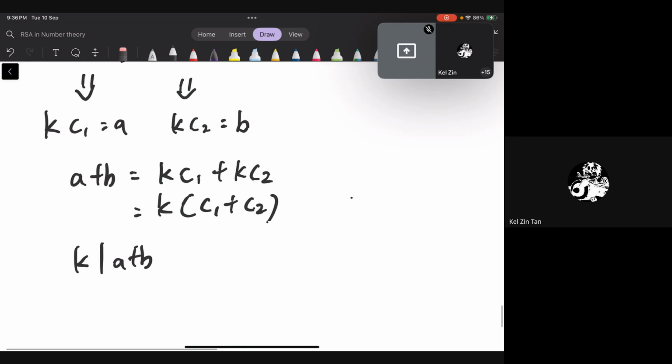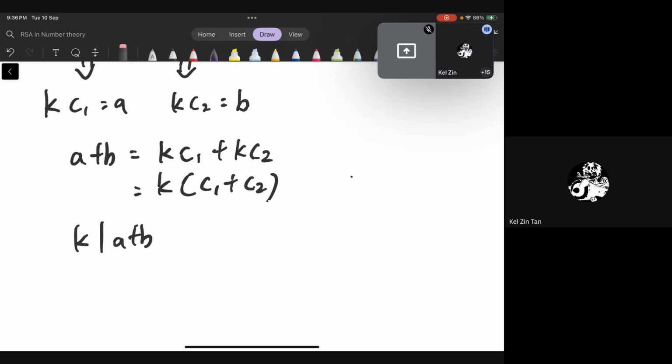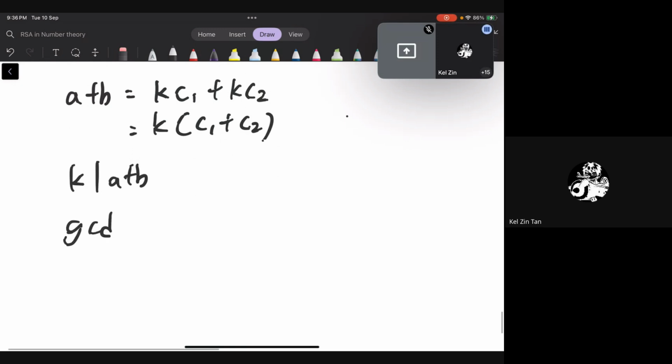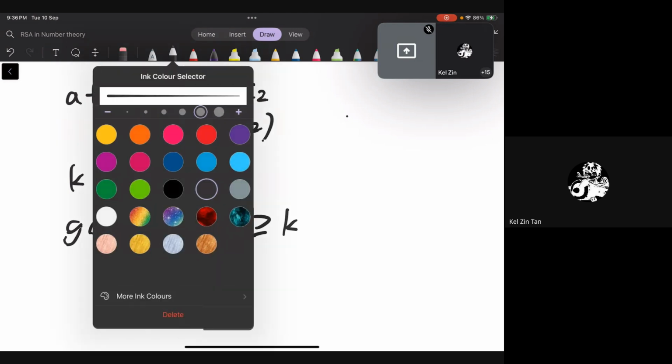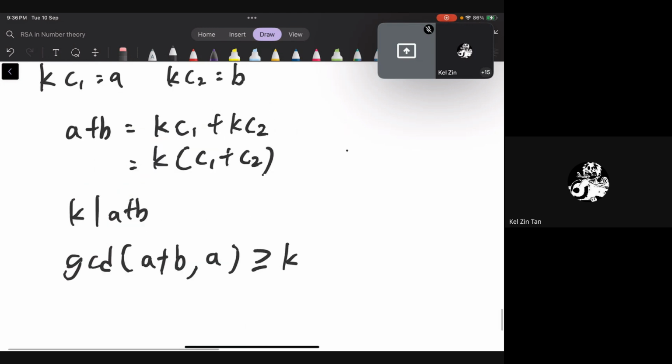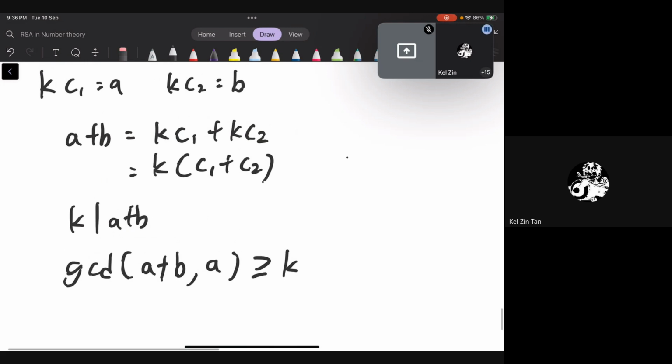Okay, but we are not done yet. What we have proved now is that GCD of A plus B and A is at least K. Because if K divides A plus B, we're not sure if this is the largest common factor between them already. We only know that it is at least as large as K because of this.